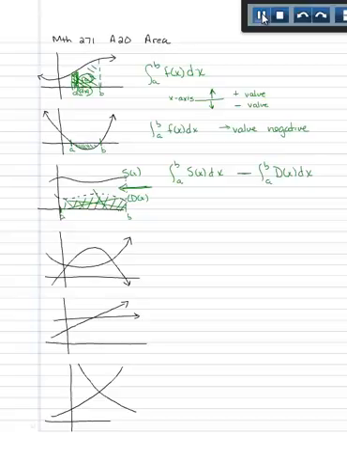So what I like to write, to find the area between two curves, is you simply take the top curve minus the bottom curve, and you add up all of those areas by integrating. So top curve minus bottom curve is going to give you the area between two curves.